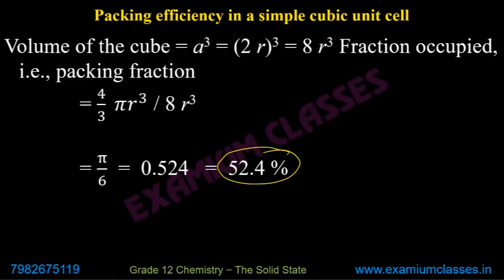So in simple cubic cell, you need to remember, sometimes it appears like this also in objective type questions: 5 by 6, which is just a fraction. 5 by 6 into 100 will be the packing efficiency in percentage, 52.4. You need to remember these values, as sometimes they are asked just as objective type questions.